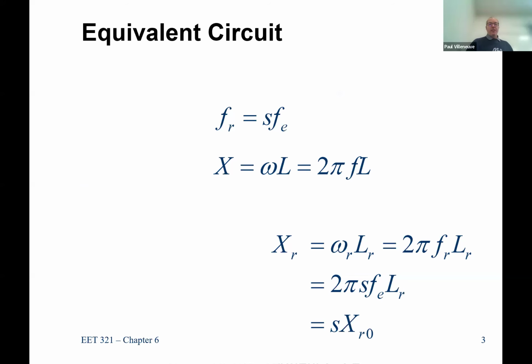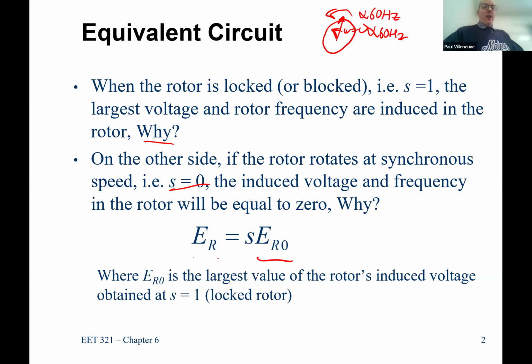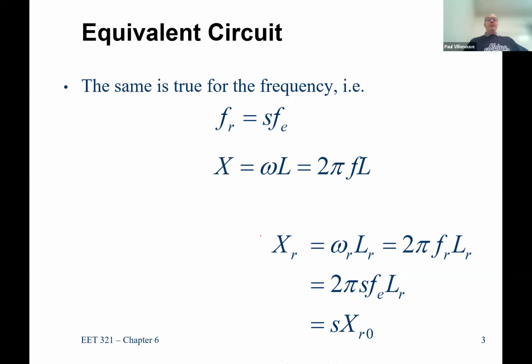So our voltage, going back over here, this is our actual voltage that's going to be on the rotor circuit. It's a function of the blocked rotor voltage multiplied by S. And our frequency is also going to be based on that same ratio, right? At 60 hertz, you're going to have the maximum frequency and you're going to have maximum voltage.